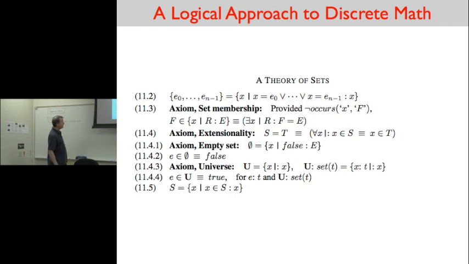Now, 11.4.2 is an interesting property of the empty set. It says E is an element of the empty set equivales false. Seems obvious. Is it an axiom? No. Can we prove it? Yes. And will you prove it in your homework for next time? Yes.